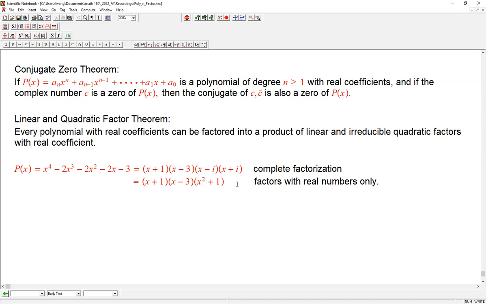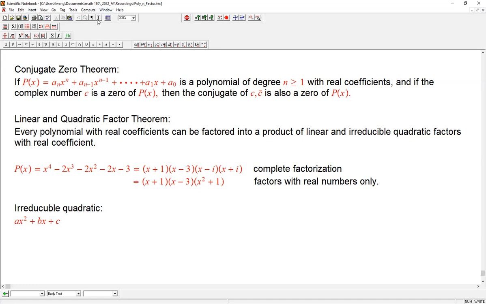X squared plus 1 has real factors. Okay, with linear factors with real numbers only. But in this case, you will not only have linear, you also have irreducible quadratic. What is irreducible quadratic? Any quadratic, ax squared plus bx plus c, okay, this is a quadratic.